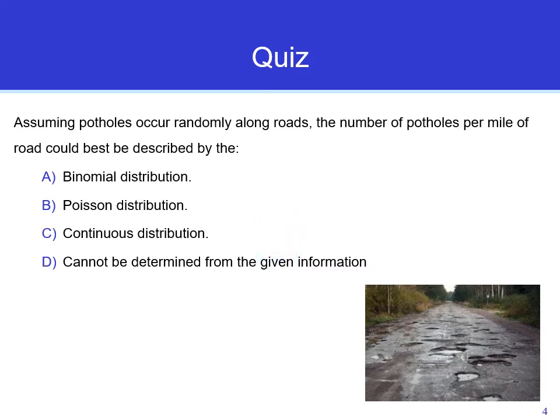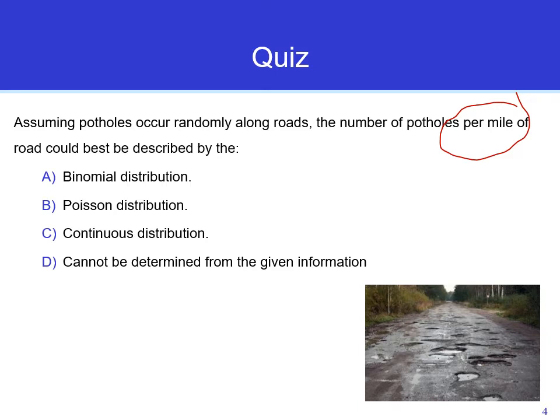Can the number of potholes in one mile be a binomial distribution? First of all, a pothole occurring is a two-output possibility. Either you're going to have a pothole or not have a pothole.